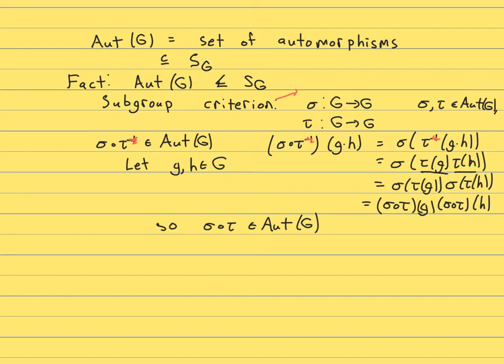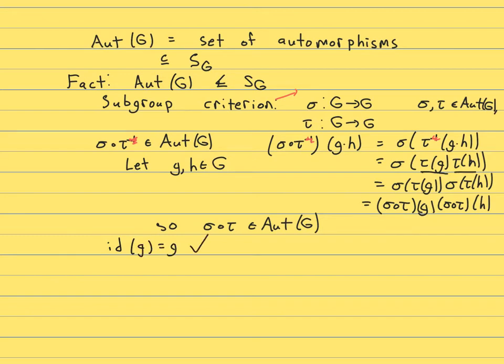So then we just need to prove inverses then. So instead, we switched our objective and we decided to show closure under composition. Since we did that, we also have to show closure under inversion and the identity function. Well, what's the identity function? It sends g to g. That is a homomorphism.